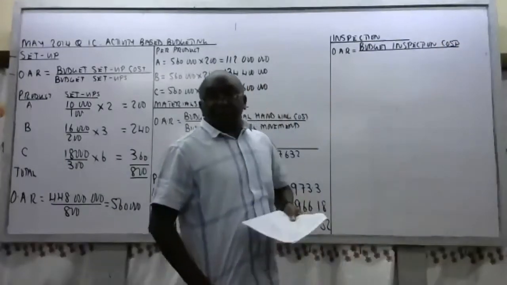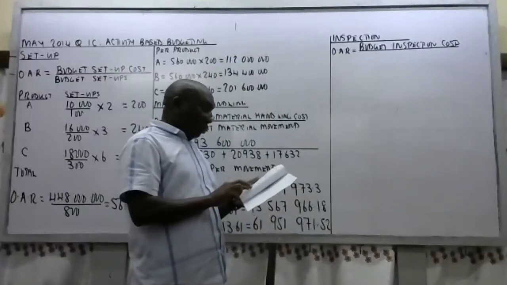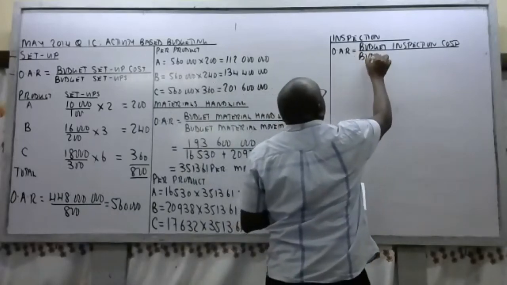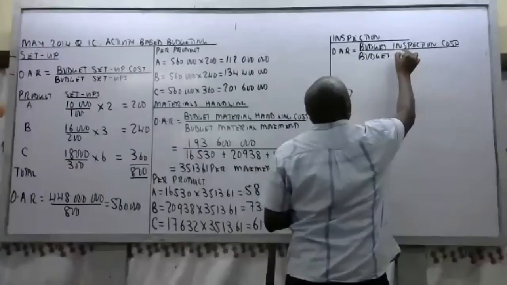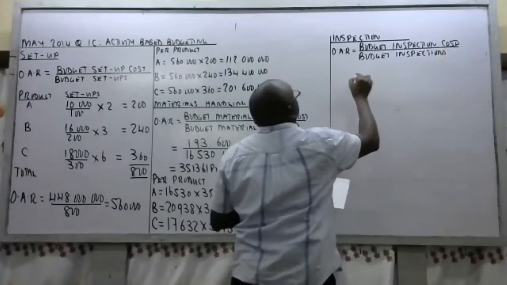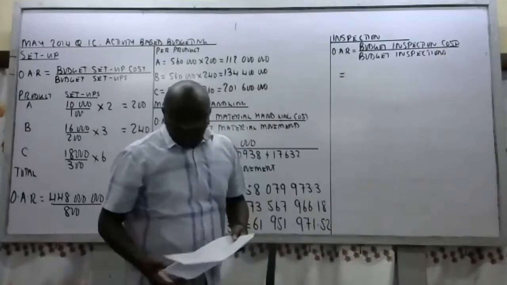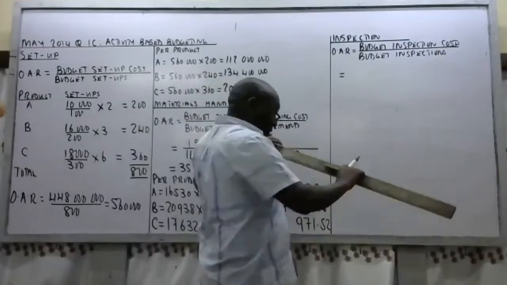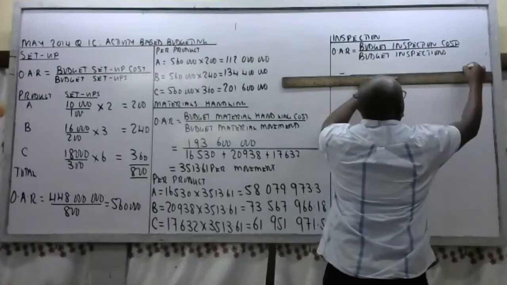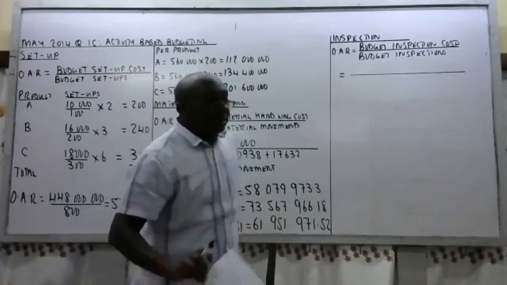We divide by budget inspections. So this one again, we will have to record our figures like this.